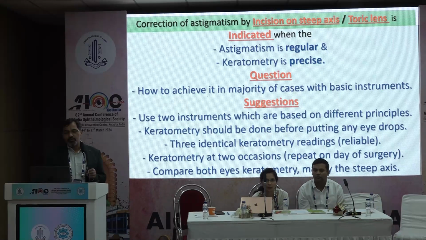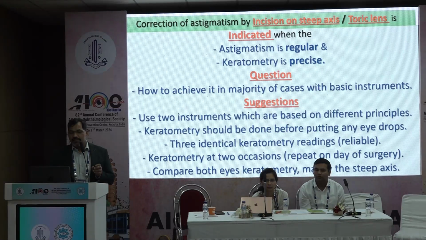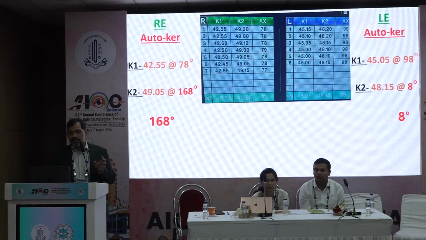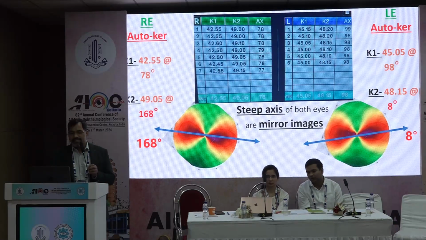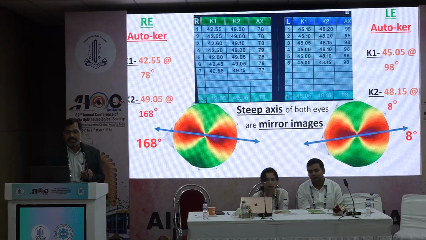Then you have to compare the keratometry of both eyes, mainly the steep axis. I have shown this case. If you compare the keratometry axis of the anterior surface, in the right eye it is 168 and in the left eye 8 degrees. They are mirror images of each other. In this you can see the autokeratometer readings are consistently the same, the axis is the same, and the opposite eye also shows the same type of axis.